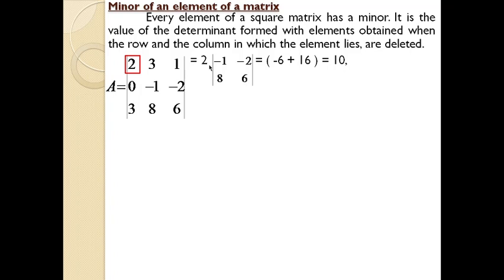So the minor of that particular element, here 2, is that value. Here it is 10. So 10 is known as the minor of the element you have selected. Here you selected 2, so the value is 10. This is known as the minor of an element.